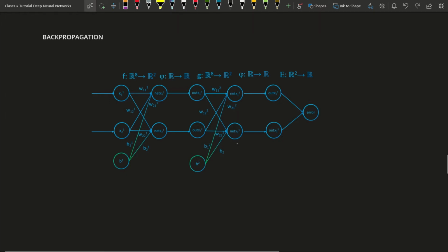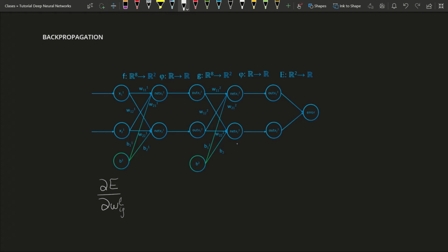Okay, so when we have this error, we want to calculate how sensitive a weight is with respect to the error. So to adjust the weights, the problem is to calculate the derivative of the error with respect to each weight.